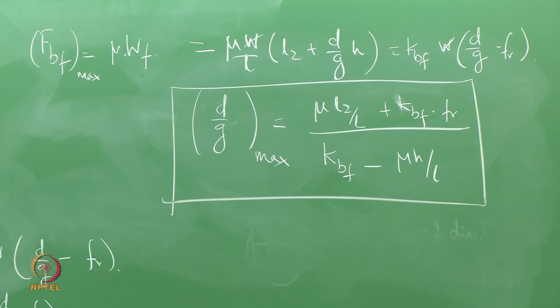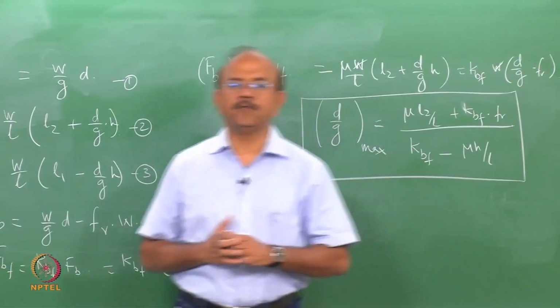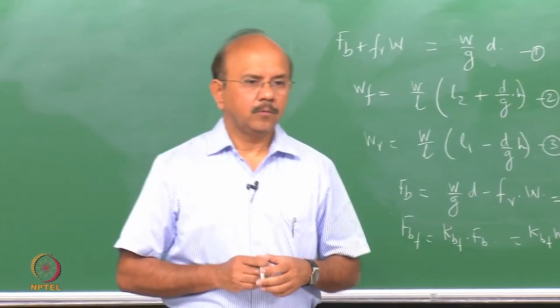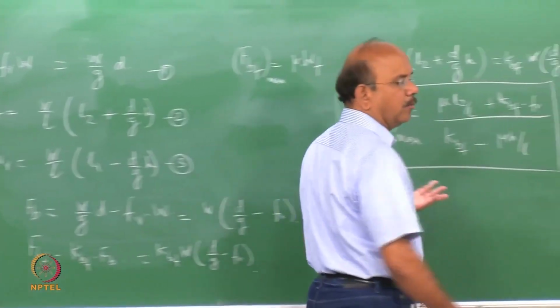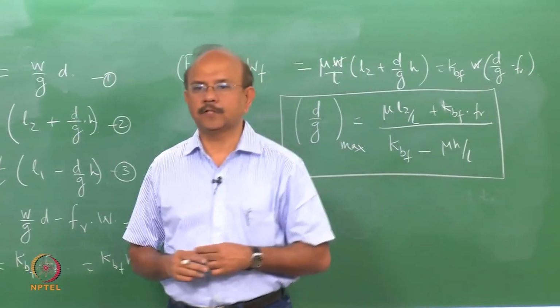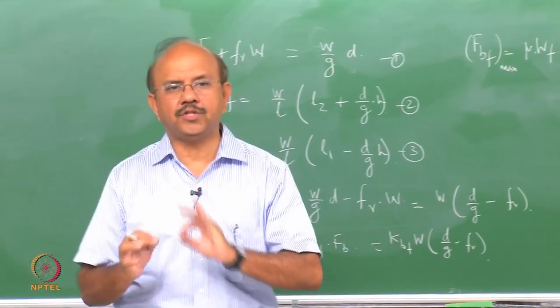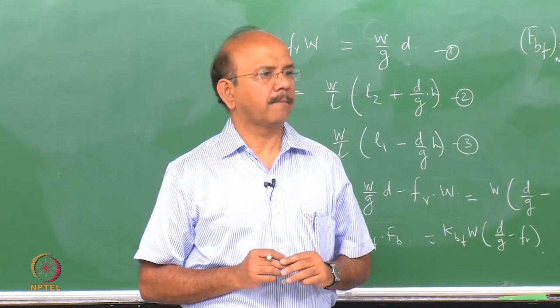Please note that we have normalized with G, and this is the language vehicle dynamicists use. Whenever they talk about acceleration, they won't talk about meters per second squared and so on. They would usually normalize it with G and talk in terms of these normalized quantities.